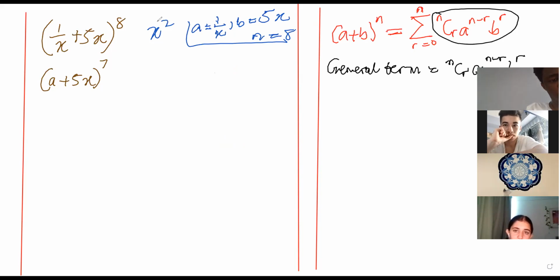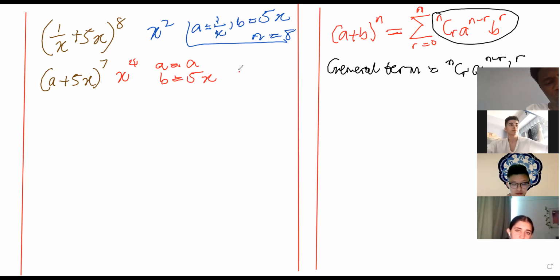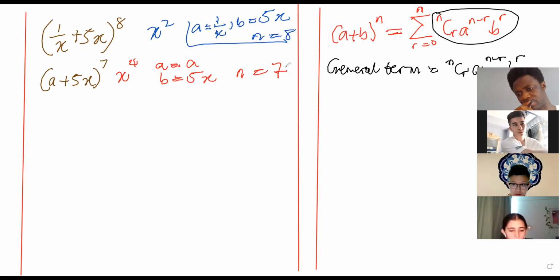Then for here, we're dealing with x to the power 4. Our a is a, our b is 5x, and our n is 7. Am I right? Yes.